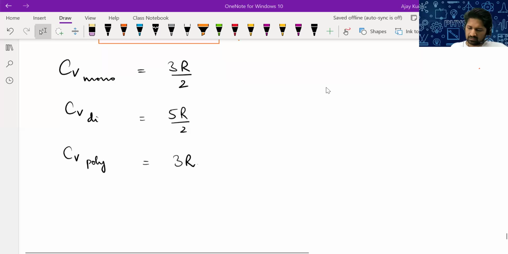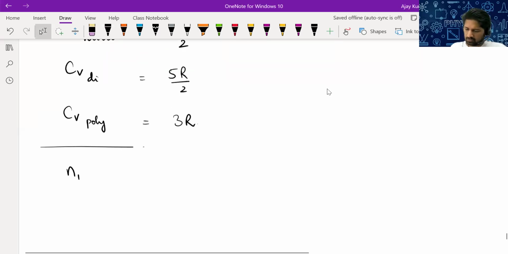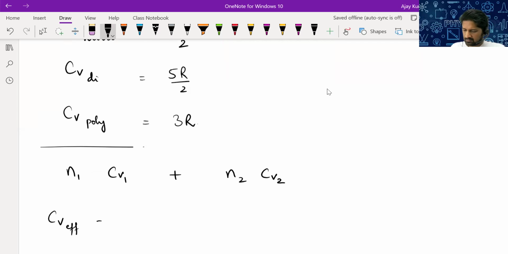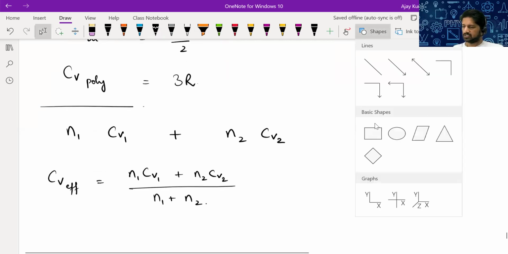Suppose N1 moles of one gas having Cv1 is put together with N2 moles of another gas having Cv2, then the effective Cv becomes N1 Cv1 plus N2 Cv2 divided by N1 plus N2. So you can find out the effective molar specific heat of a mixture of gases also.